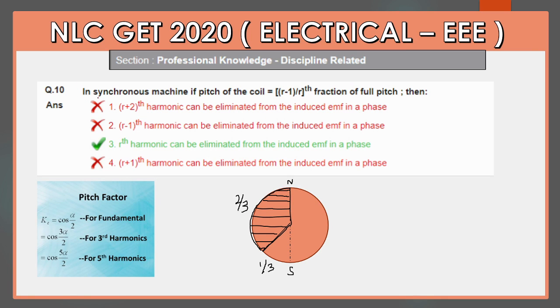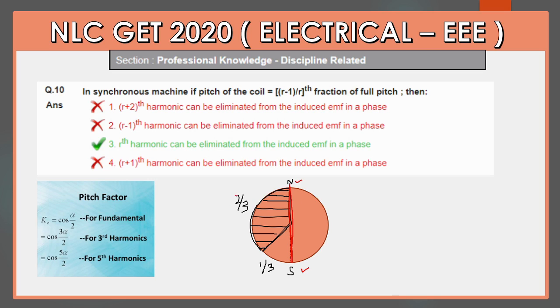Next question is saying in synchronous machine if pitch of the coil is r minus 1 by rth fraction of full pitch, then if you see here, if this is north pole and this is south pole, this is one full pitch, north to south. So the pitch of the coil is r minus 1 by rth fraction of full pitch.